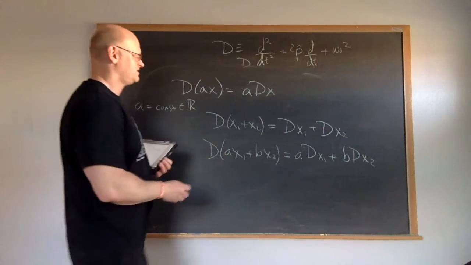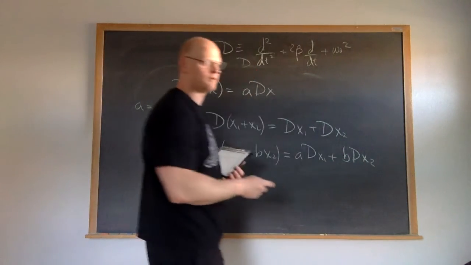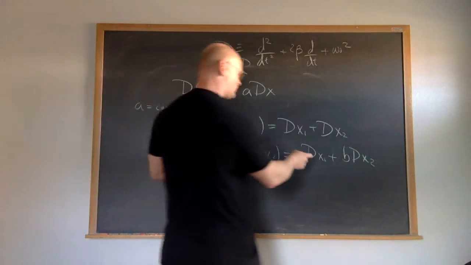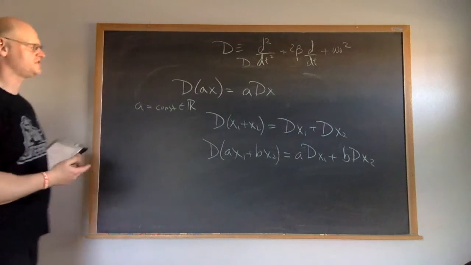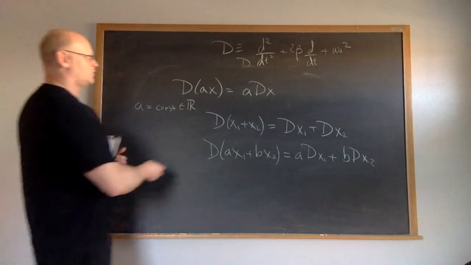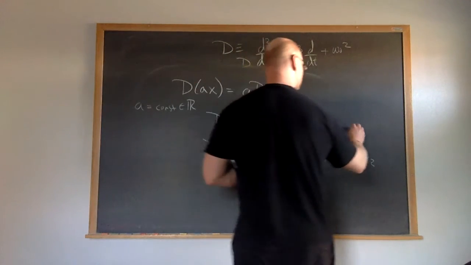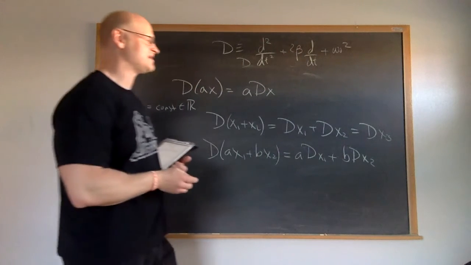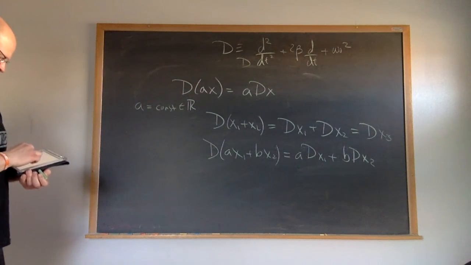So for a second order differential equation, if x1 and x2 are both solutions of that original differential equation, then so is the sum of x1 and x2 with some coefficients. You can imagine this is the same thing as D of x3, where x3 is simply the sum of those two different solutions of this differential equation.